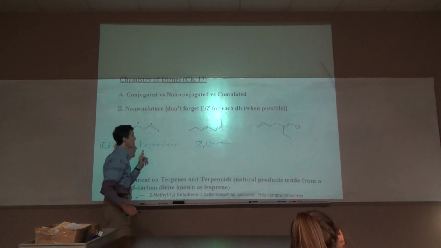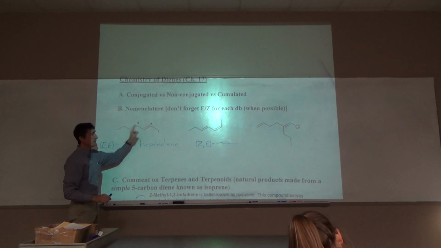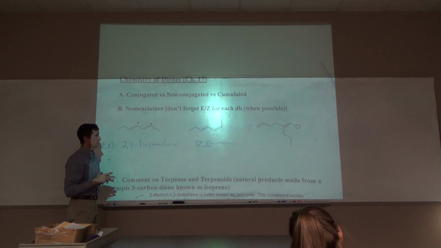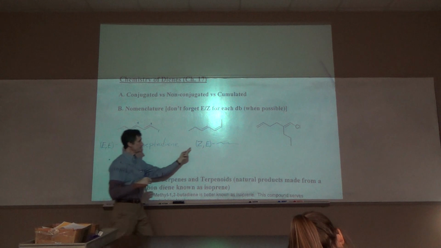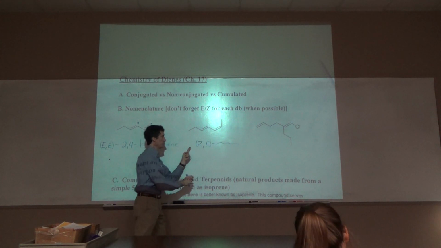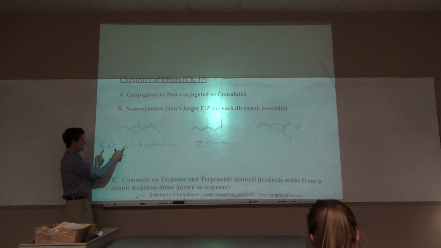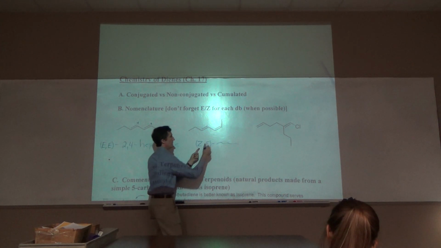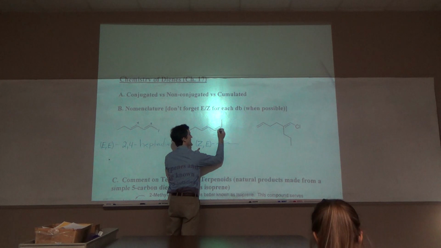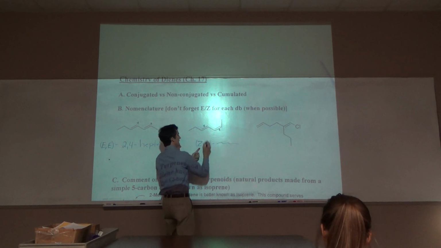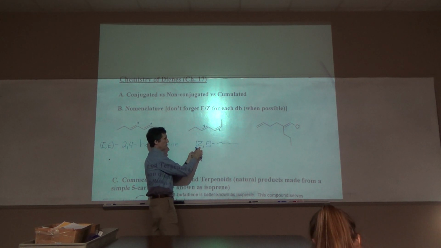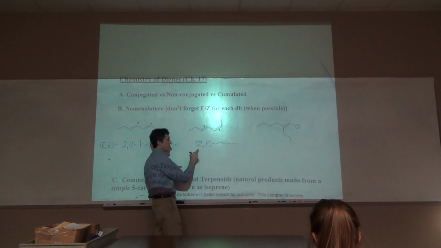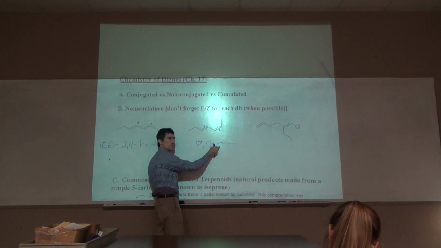The only difference is one of the alkenes, not both, but one of them has different stereochemistry. The Z goes with the 2, and the E goes with the 4. At the 2 position, this alkene is Z, but that one is E. So the ZE, and then the same name, 2,4. And we know that the first letter goes with the first number.